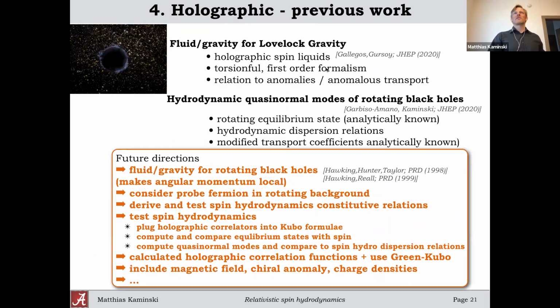So instead, let me give you this idea here of fluid gravity. This is the paper by Umut and his former student, and they have considered holographic spin liquids in the context of Lovelock gravity. Essentially, it's a generalization of Gauss-Bonnet gravity, with higher derivative corrections.